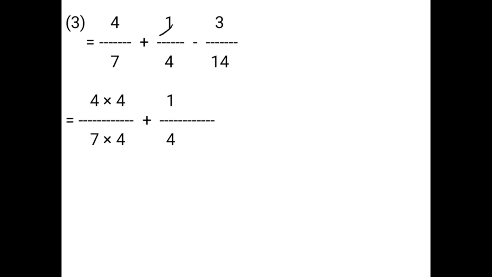You have to take cross multiplication form when you multiply of the fraction 1 upon 4 on numerator and denominator. 1 upon 4 into 7 on numerator and denominator.